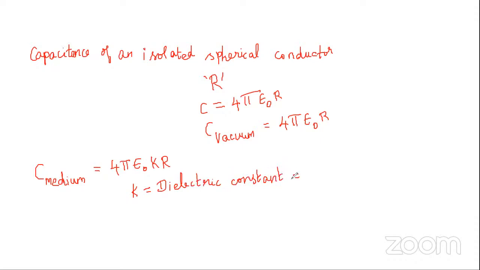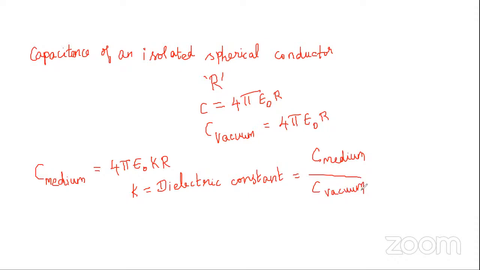So that is equal to the capacitance of the conductor in any medium divided by the capacitance of the conductor in vacuum. This formula is also applicable for an isolated spherical conductor.